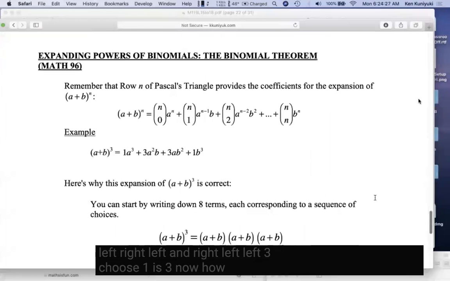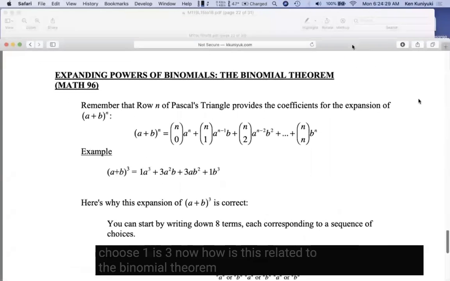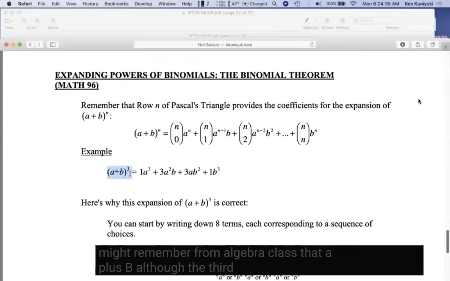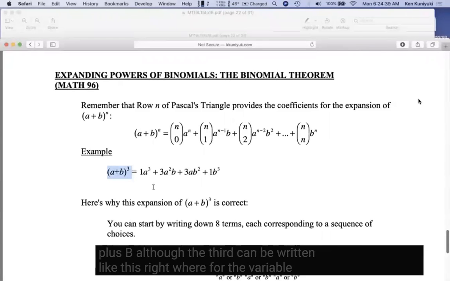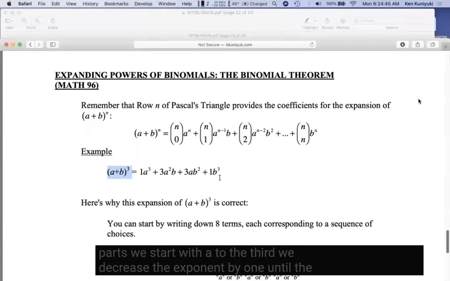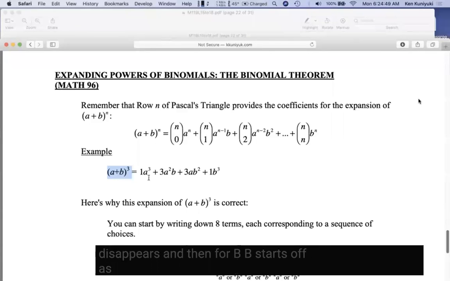Now, how is this related to the binomial theorem from algebra? So you might remember from algebra class that a plus b all to the third can be written like this, right? Where for the variable parts, we start with a to the third, we decrease the exponent by 1 until the a disappears. And then b starts off as b to the 0, which is 1, which is invisible.